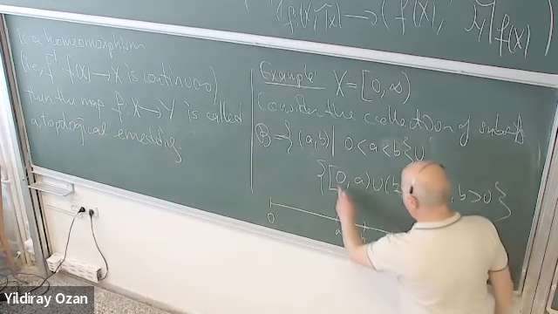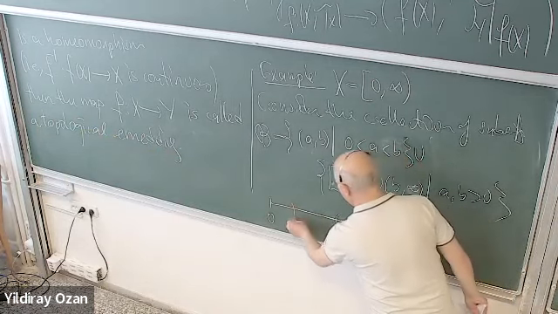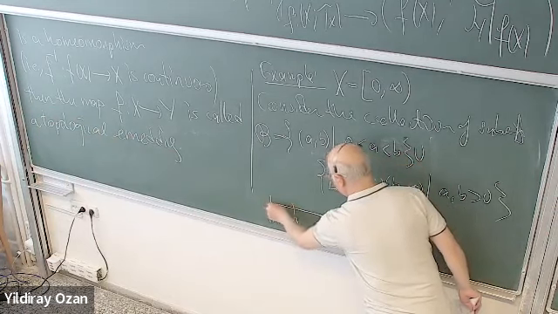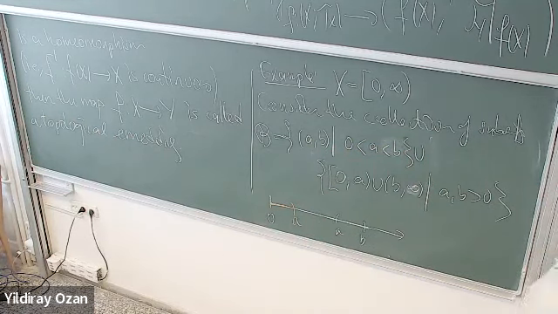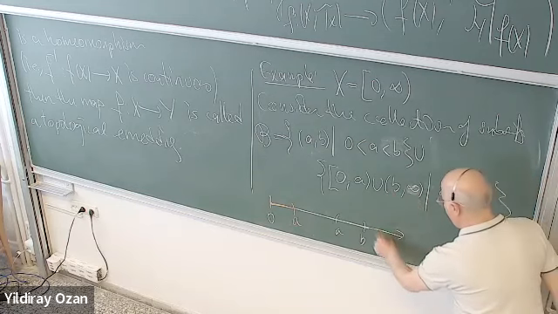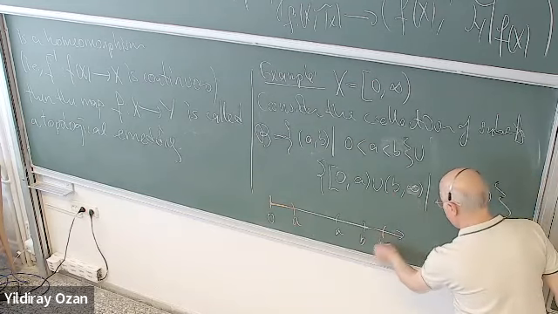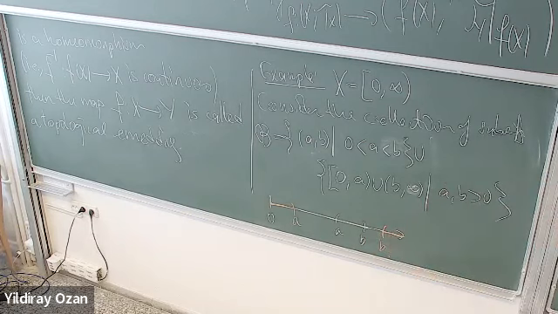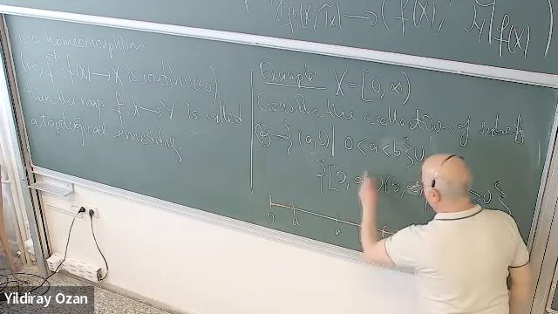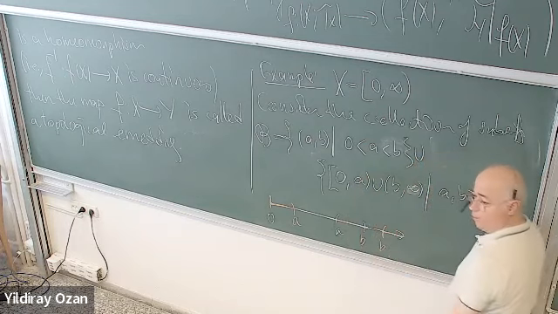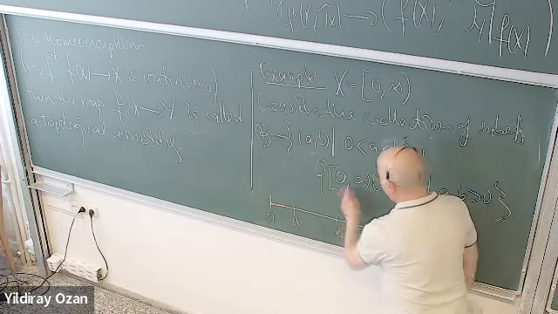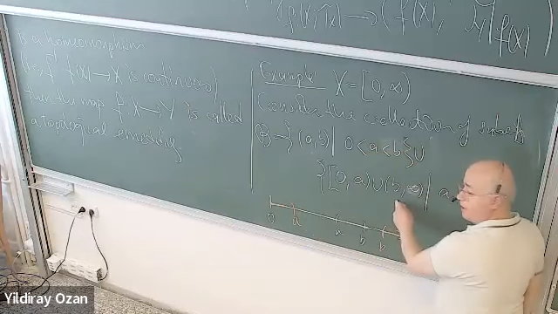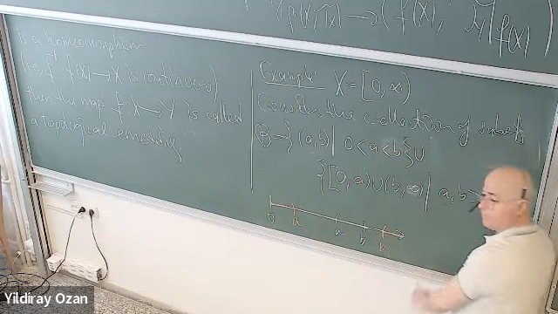If you have an interval like this, 0 to A, containing this, then you have to take something like this, B to infinity. So you have some B here, and you have to take everything up to infinity. So your collection are this kind of sets, either open intervals like this, or if your set has to contain 0, then it has to be an open interval like this, but then it has a tail like this.